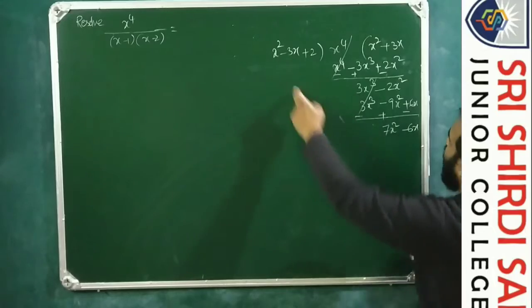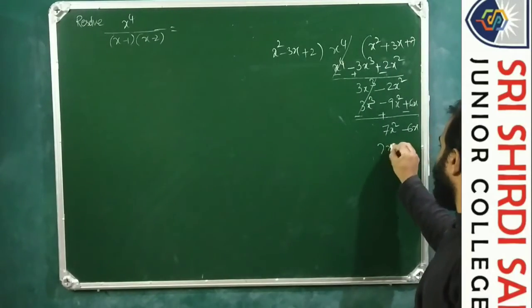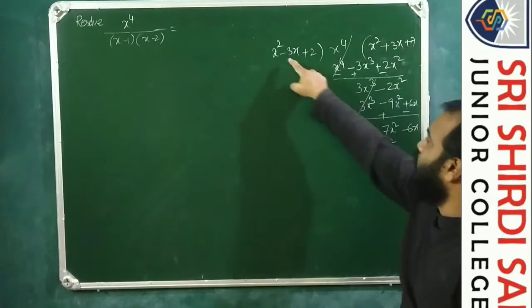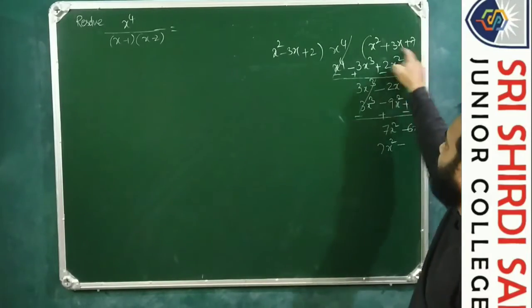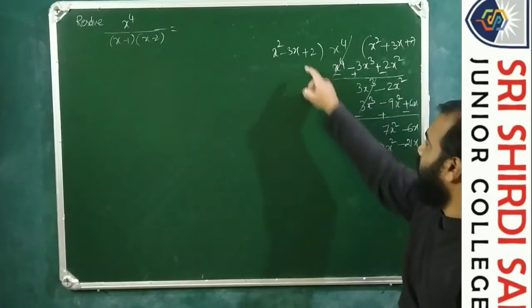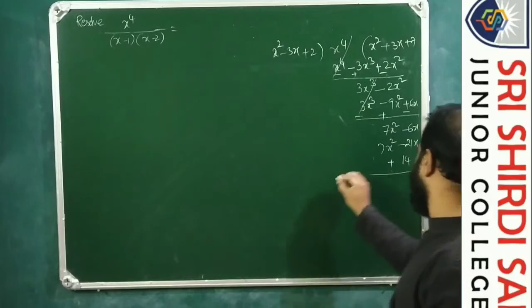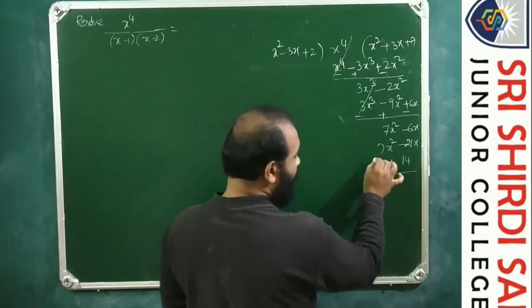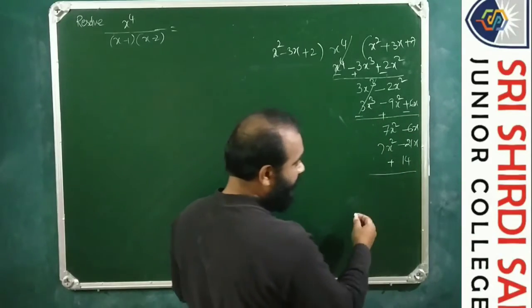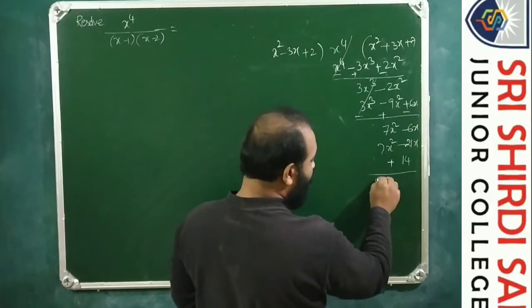7x square by x square is 7. So 7 into x square, 7x square, plus into minus minus, 7 3s are 21x, plus into plus plus, 7 2s are 14. So 7x square gets cancelled, subtracting. So this will be plus 21x minus 6x is 15x.